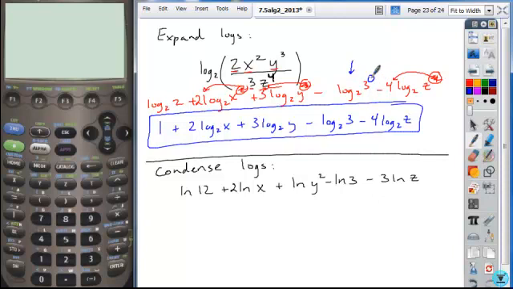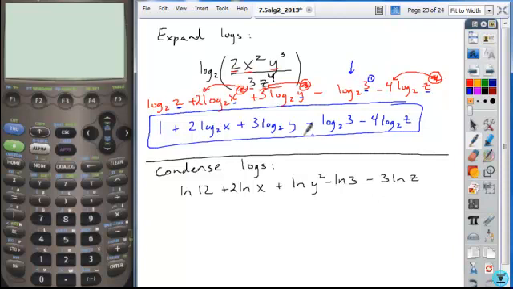So the power is just a 1. Do you see how this 3 equates to this z and this y and this x and this 2? It's not the power of anything. I see that I wrote it, it looks a little bit superscripted, but it's not. It's inside that log.